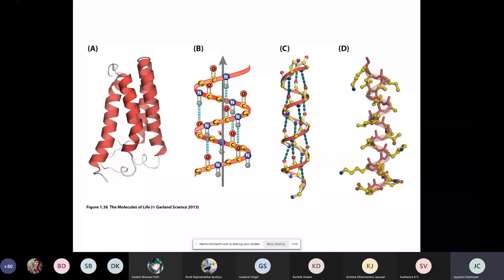Loops are those where such repetitive conformation of amino acids is not present, but turns are stabilized by a hydrogen bond. Now, alpha helix is also a repetition of a single turn, and this turn is stabilized by a hydrogen bond.